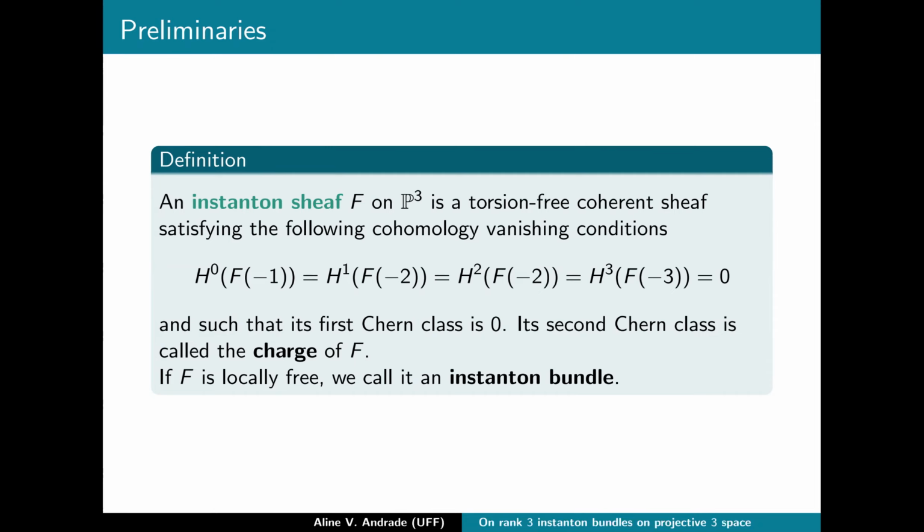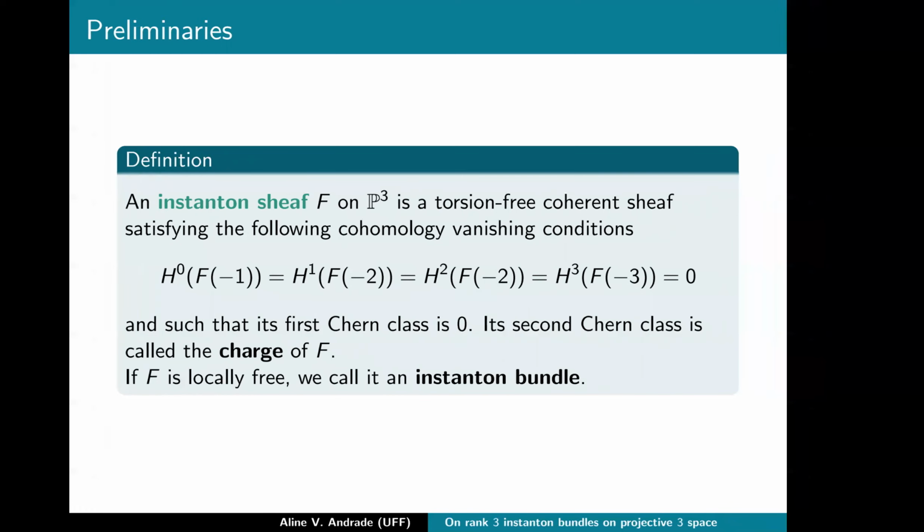If in addition this torsion-free sheaf is locally free, we call this an instanton bundle, okay? We are trying to use these instantons to study the moduli space of vector bundles. So we have to introduce some other tools, okay?